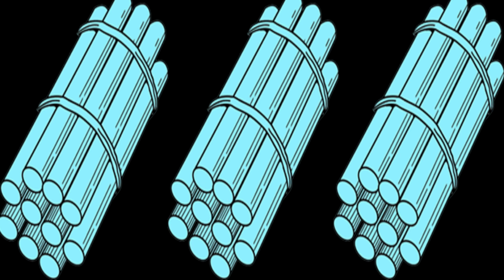I mean 5 tens means 50, 2 tens means 20, 8 tens means 80. Look here, in one bundle, how many sticks are there? You can count it. 1, 2, 3, 4, 5, 6, 7, 8, 9, 10.